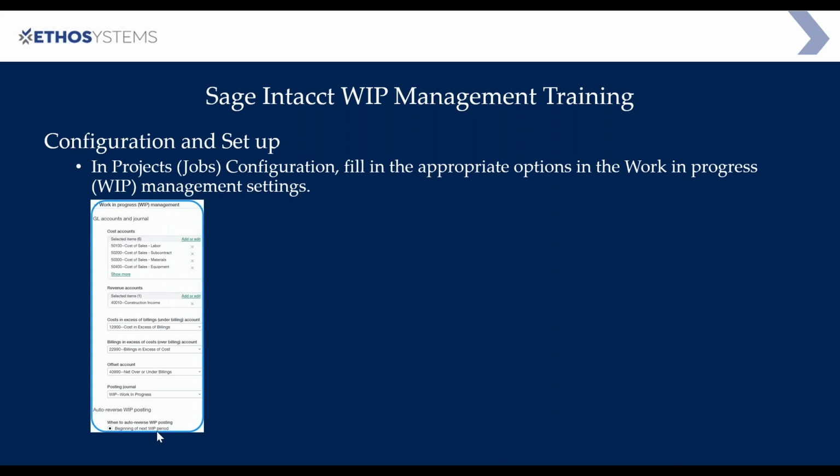And then you get to decide when the WIP entry reverses automatically. I picked the beginning of the next period, but you can either pick the beginning or you can pick the end of the following period. Okay, so those are your two options there.